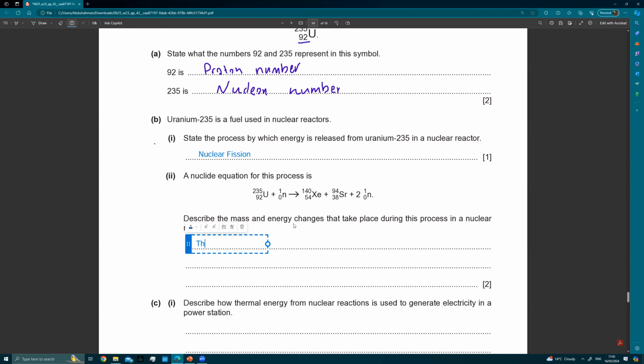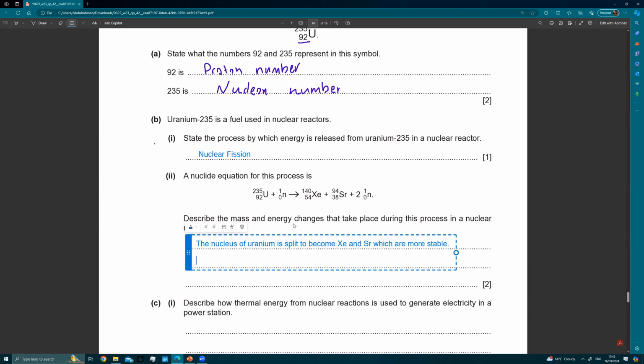We could say that the nucleus of uranium is split to become Xe and Sr, which are more stable, right? So that's what's happening. However, the mass of the products is smaller than the mass of what you had at the start.